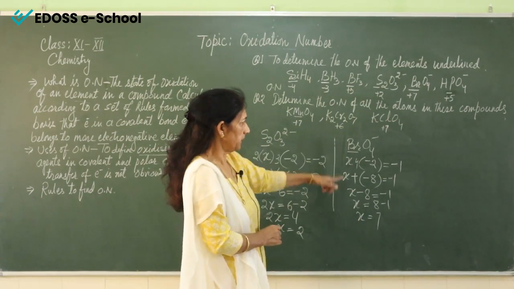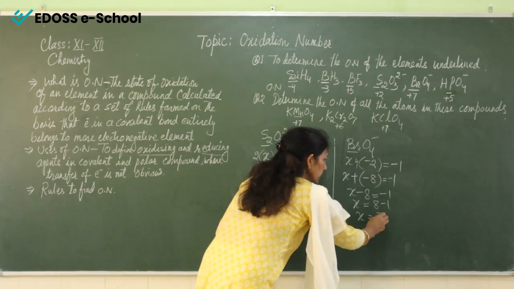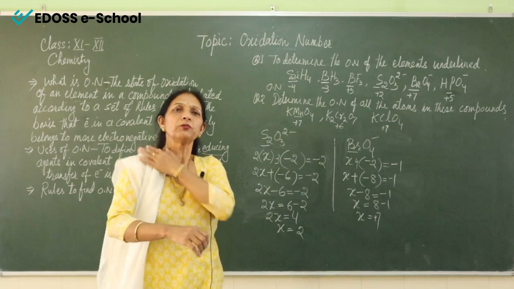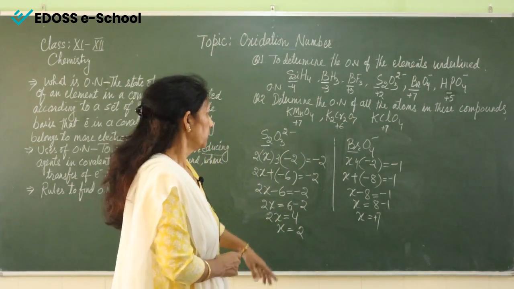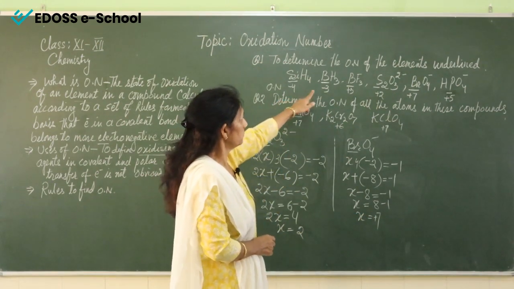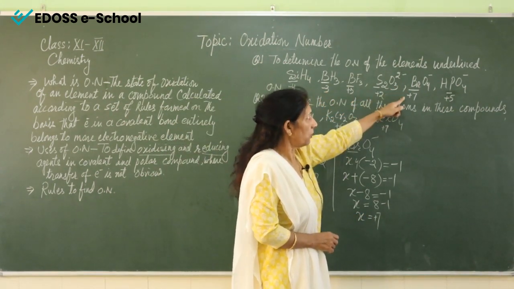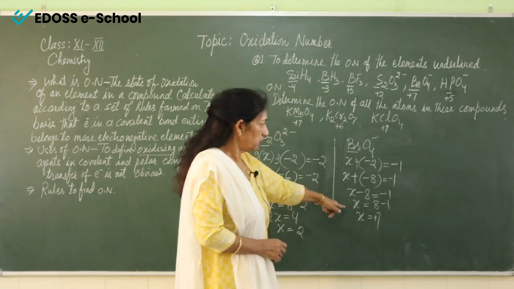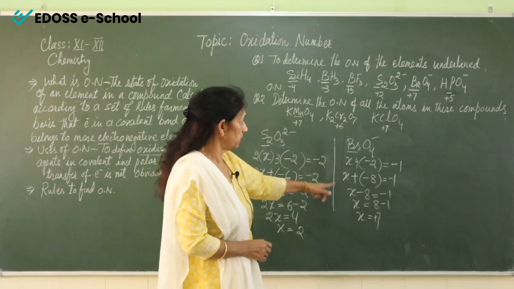So we can see that in front of the oxidation number we used to put a plus or minus sign also. So the oxidation number of Br is coming +7. I have written here also, you can check it out how it is coming +7.